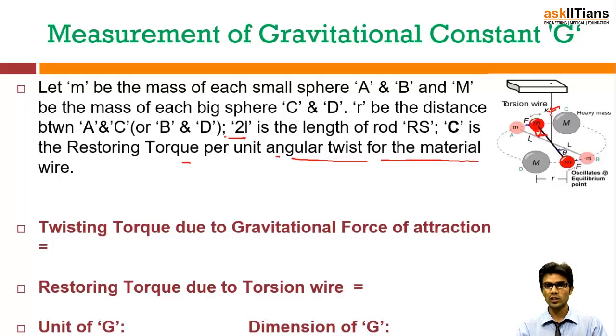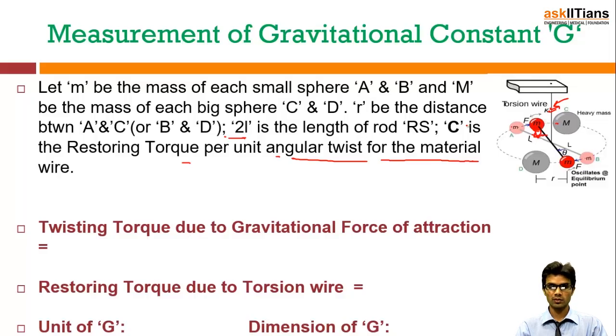So now we are going to find the torsion in this wire, and also the restoring torque, due to the attraction between these two masses, due to gravitational force, and we are going to compare these.